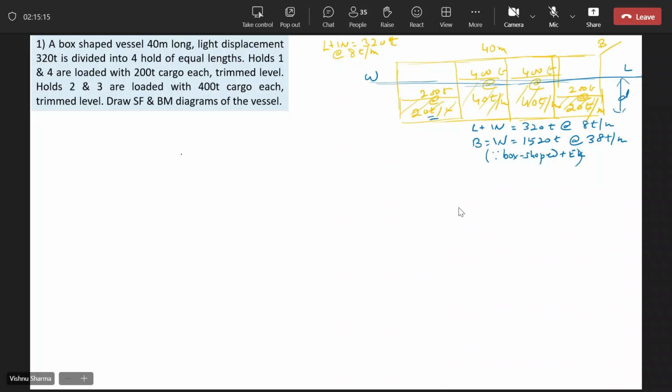Now we'll look at the box-shaped diagram the way we were looking at the beam diagram, and do the same thing. Wherever you see changes happening, we'll select those points. Yes, you can manage with the 4 points, but since there is a bulkhead in the center, we can take the additional point. This midpoint could have been avoided, like we could avoid in the beam.